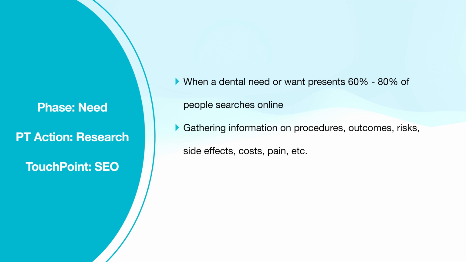Very interesting statistics. We have 60 to 80% of people searching online for a dentist, depending on whose research you're looking at. There are so many different confusing numbers out there, but regardless of what the actual number is, it's a big crowd. Obviously, these people are going to gather information based on what they find.